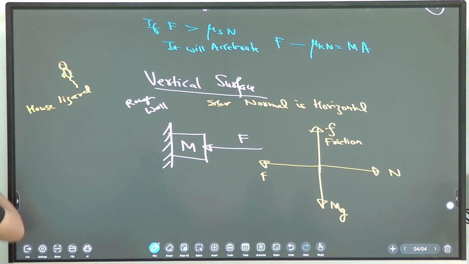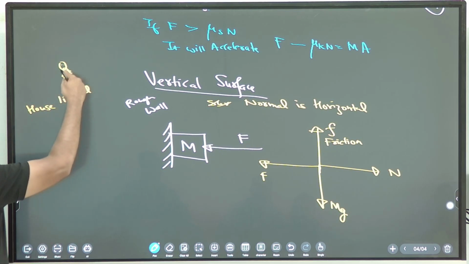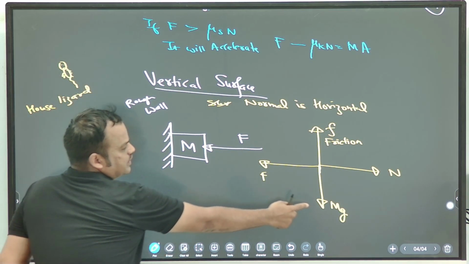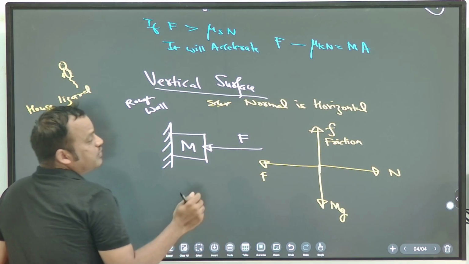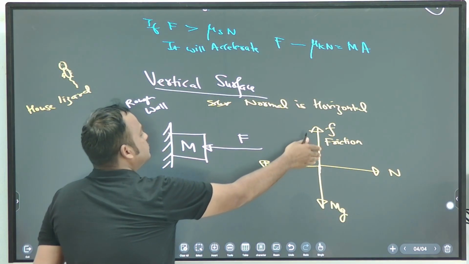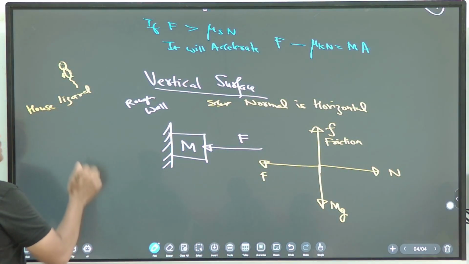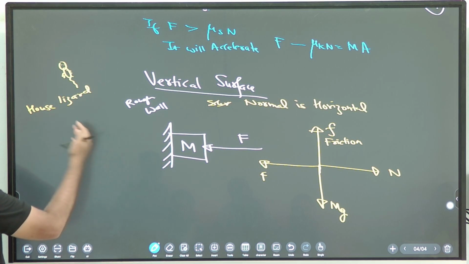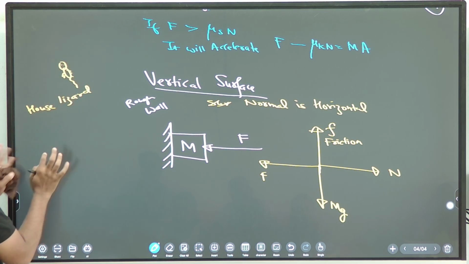No, on the wall. Are they always moving or at rest? Rest. So what force is acting downward? Mg. So friction is acting upward. But there is no applied force. How is it holding the surface?